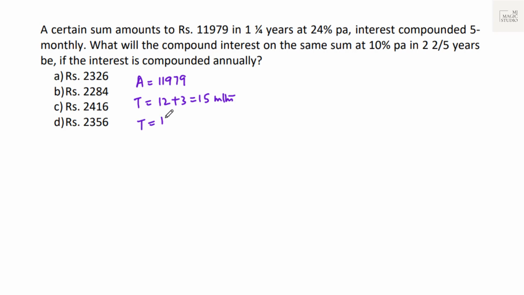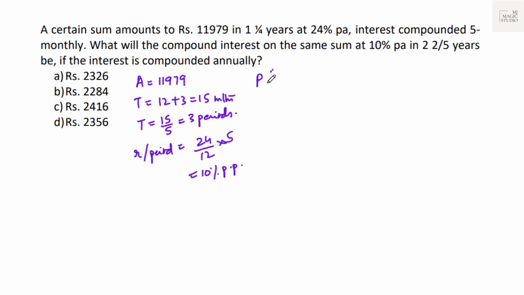That means the effective time period would be 15 by 5, that is 3 periods. And the effective interest rate in each period would be 24% per annum, and one period is of 5 months. So that would be 10% per period.